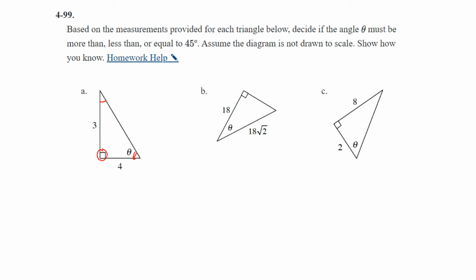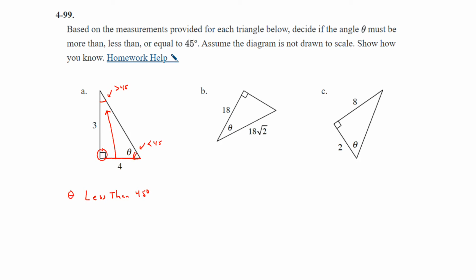Therefore, the longest side, which is 4, must have the larger angle. And if it has a larger angle, they can't both be 45 because the side lengths are different, which means this angle would have to be larger than 45. And if that's the case, then this angle has to be less than 45 degrees. So theta on part A is less than 45 degrees.